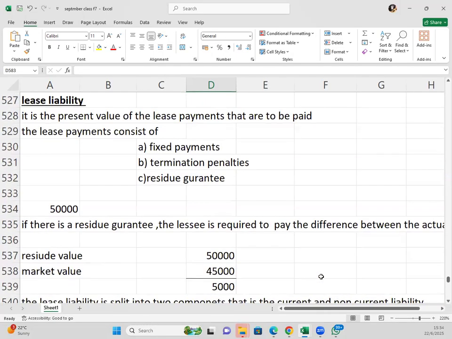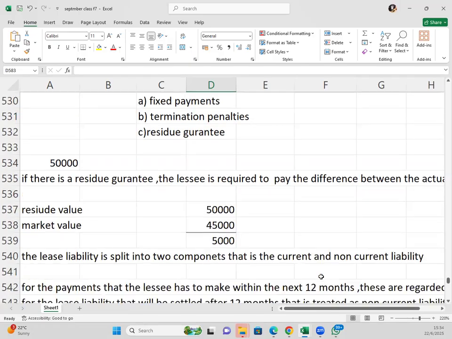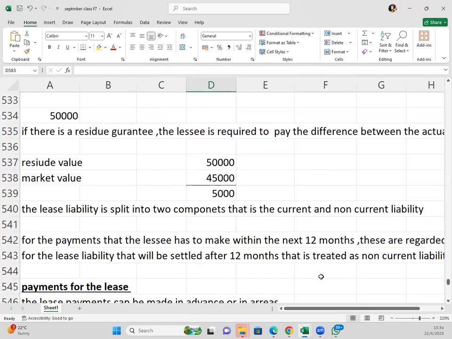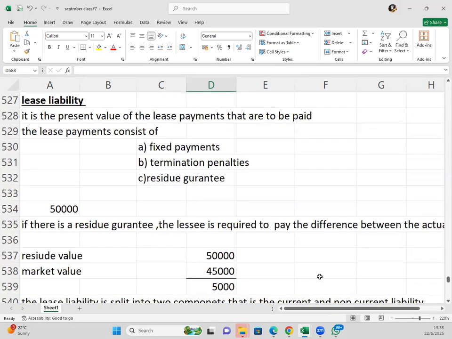So they are fixed payments. There is also a residual guarantee, where you guarantee the landlord that at the end of the life of the asset, the asset is going to have a certain value.